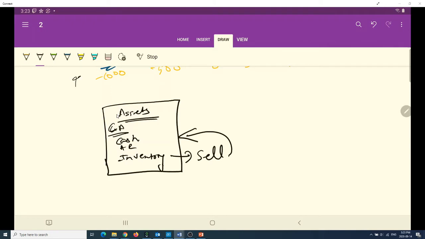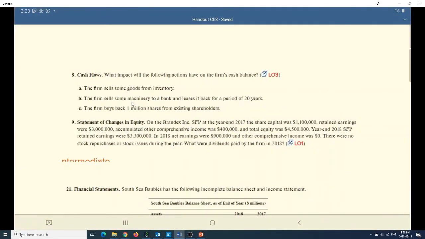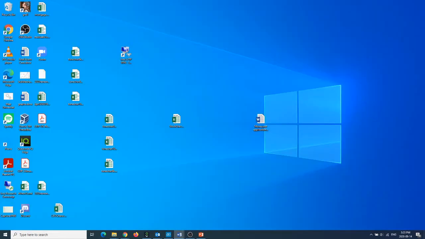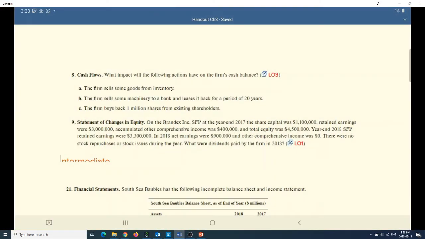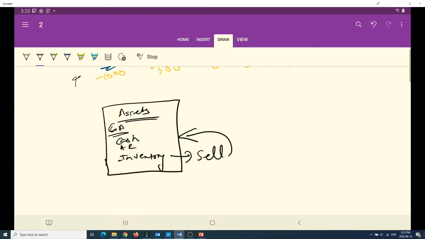B is the firm sells some machinery to the bank and leases it back for a period of 20 years. Okay, so that's your question there. And let's go back. So what will happen here? Think about it for a minute.